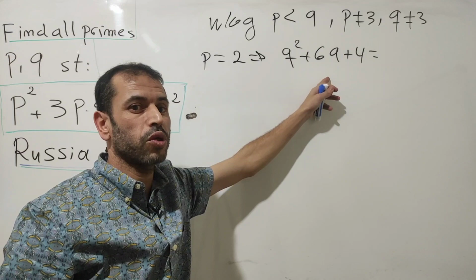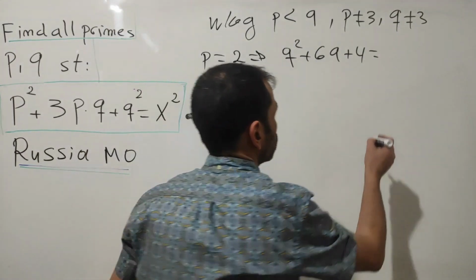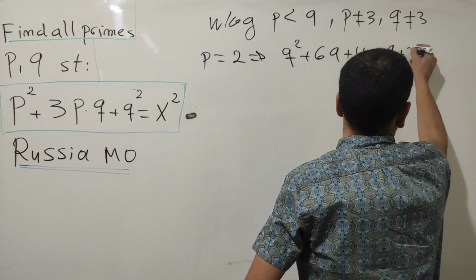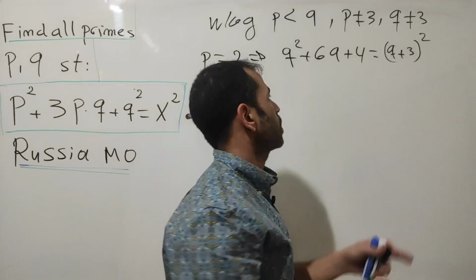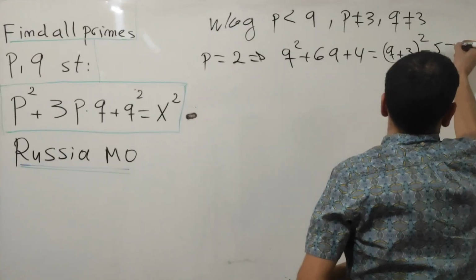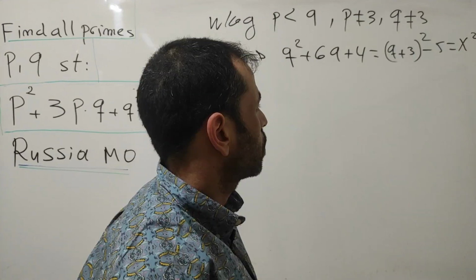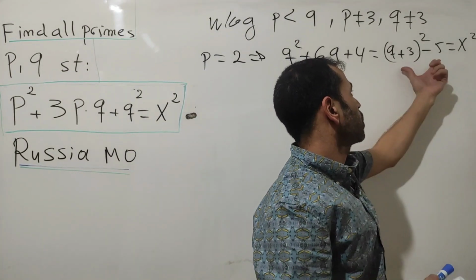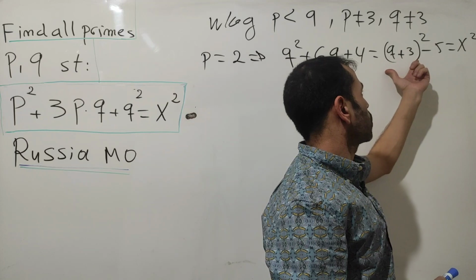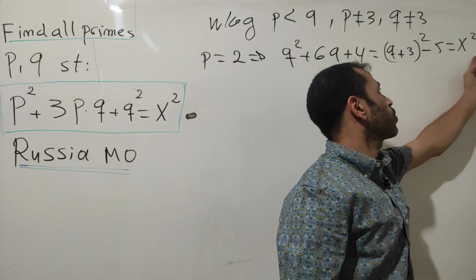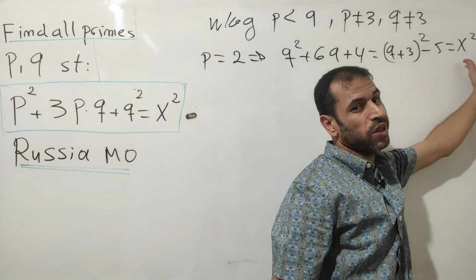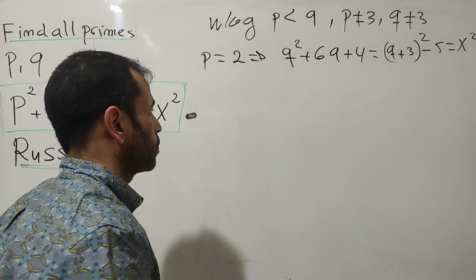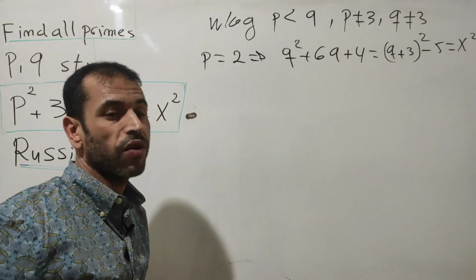If I put this in the form of a perfect square, I get (q plus 3) squared minus 5, which equals x squared. This is definitely not true, because this one is a perfect square, and when we move the 5 to the right, we get a non perfect square, which is impossible. Which means p equals 2 is not valid.